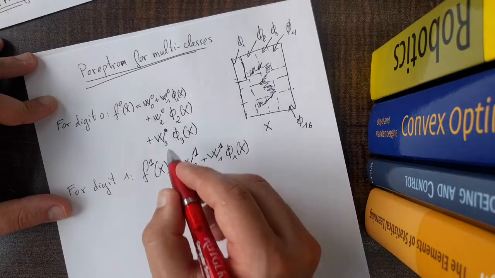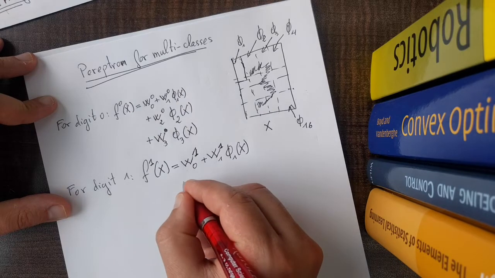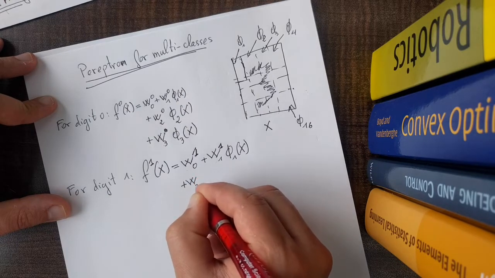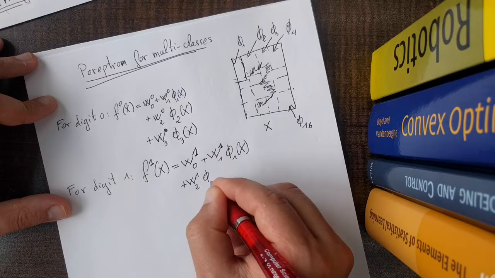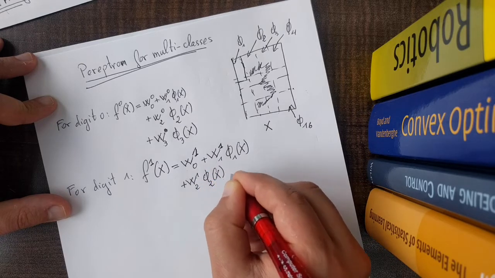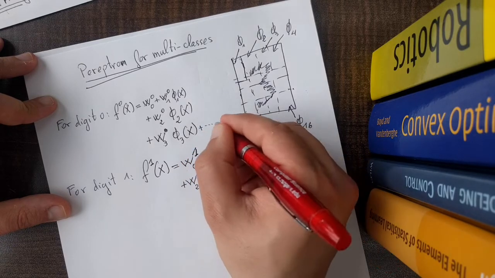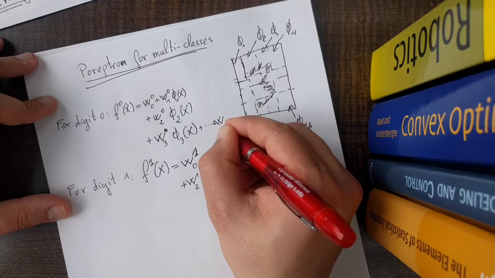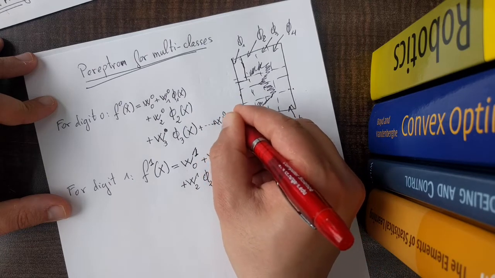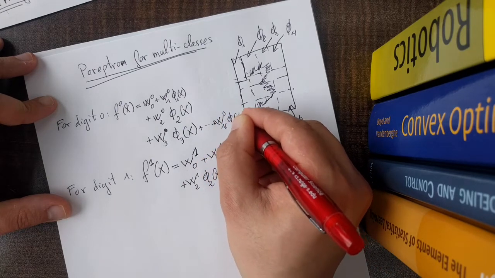These are separate. And then you have the second weight for digit 1 as well, etc. until W16 for digit 1, times phi16 of x.